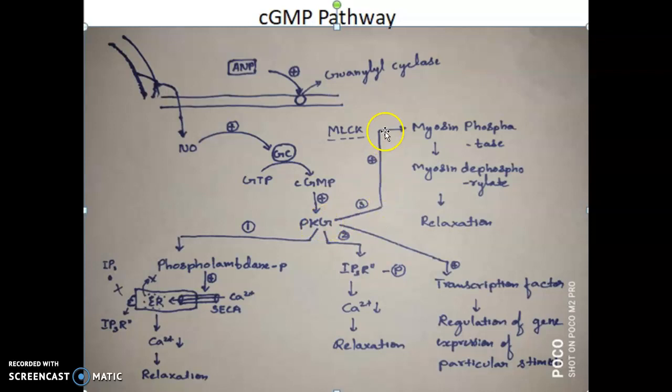In the third case, protein kinase G activates myosin phosphatase with the help of the enzyme myosin light chain kinase. When this myosin undergoes dephosphorylation, there is again relaxation.